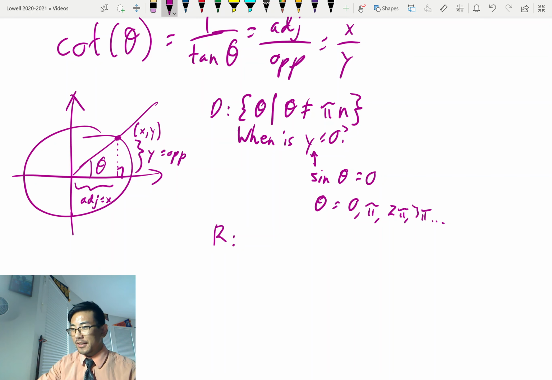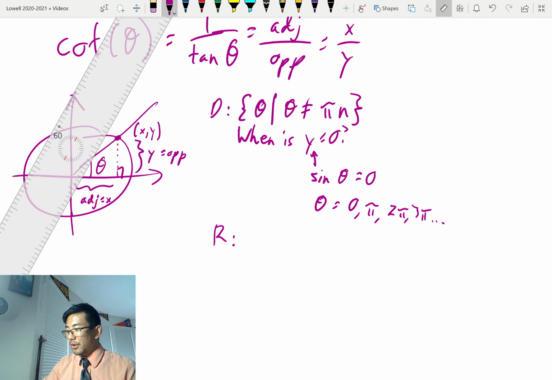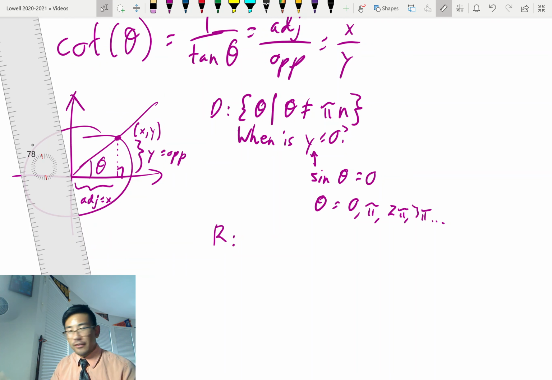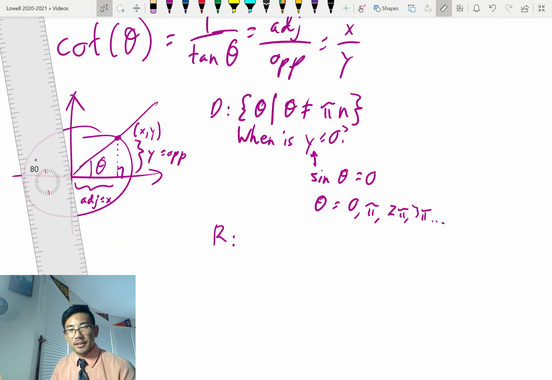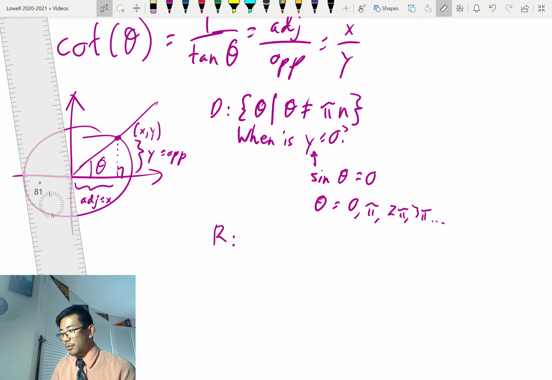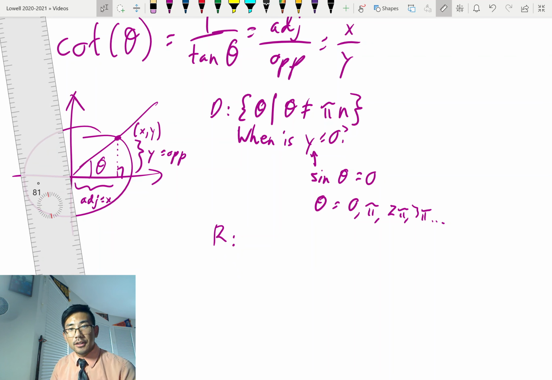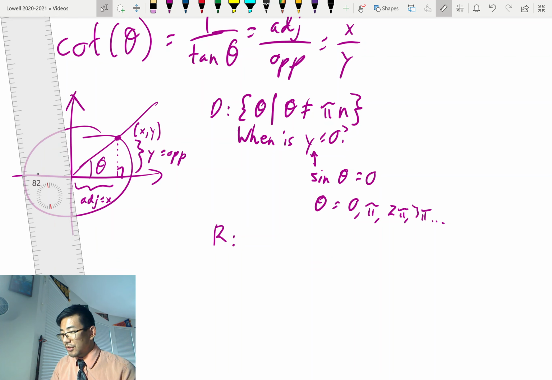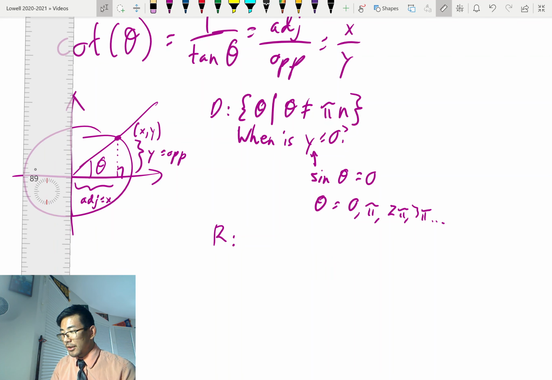I can think of it like this: on tangent, this would be a very steep slope, so a very large value of tangent. This would be a large negative, which would just mean a small negative value for cotangent. And eventually, when we get to here, this would be an undefined slope, but the reciprocal of an undefined slope is actually 0. It'd be flat.